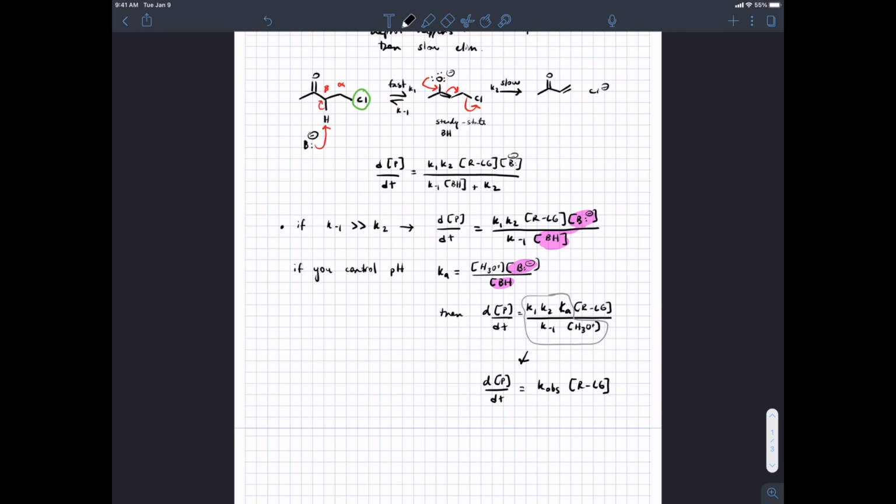But under different sets of assumptions, then we can simplify our rate law and expect to see different things.